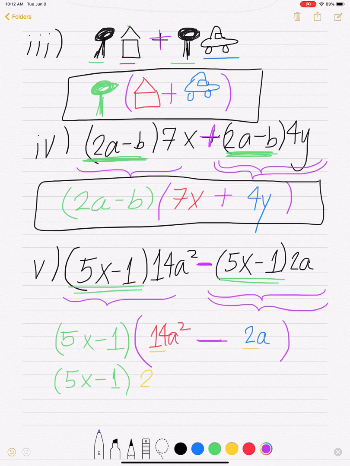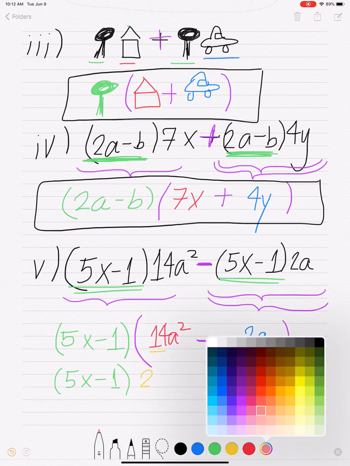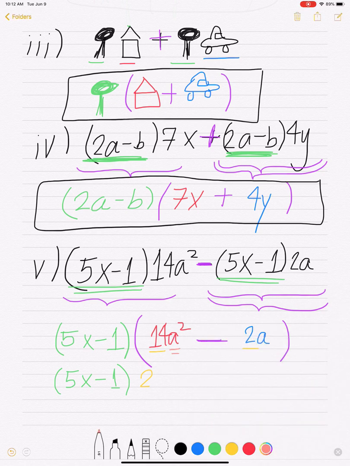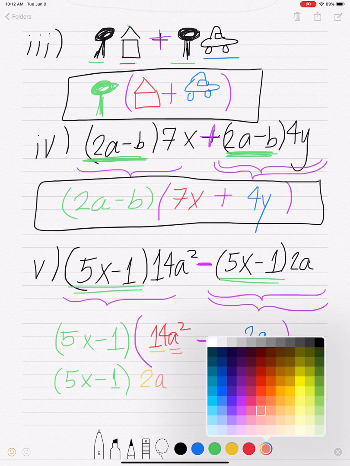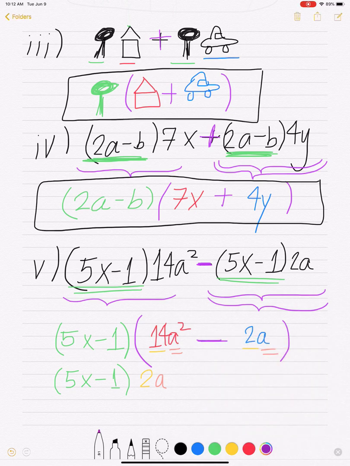And then how about anything in common between a squared and a? Yeah, there's going to be an a in common we can take out. The minimal power is going to be a to the 1, so a. Then I'm going to make another purple parentheses. And because there was a minus sign here, I'm going to put a minus sign.